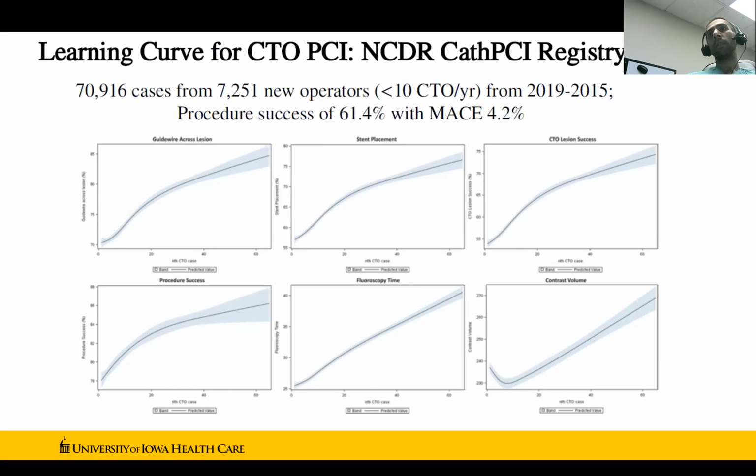Looking at over 70,000 cases, you would notice that as your experience in doing this procedure increases, there's substantial improvement in every parameter or metric: an improvement in procedural success, a mortality benefit, and reduced complication rates, fluoroscopy times, and contrast volumes. So every metric actually improves as your experience in CTO PCIs increases.